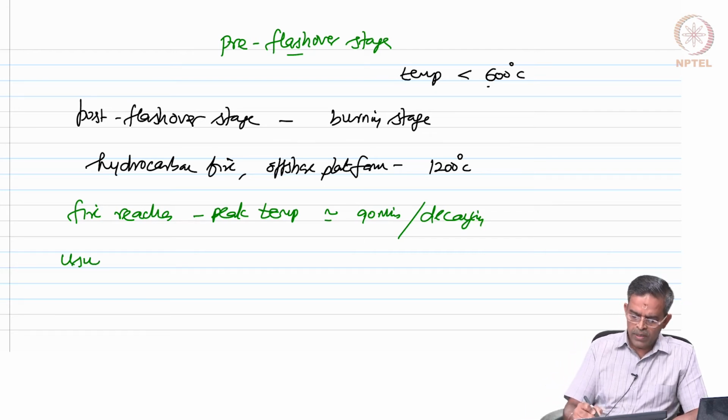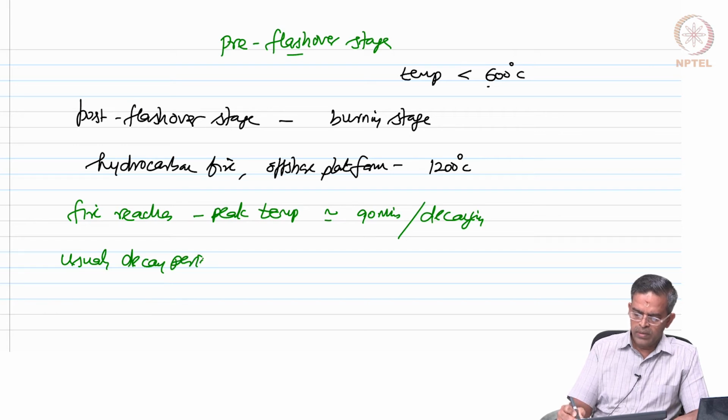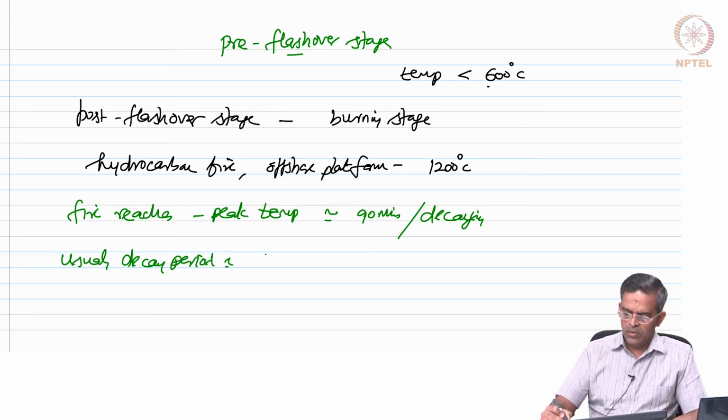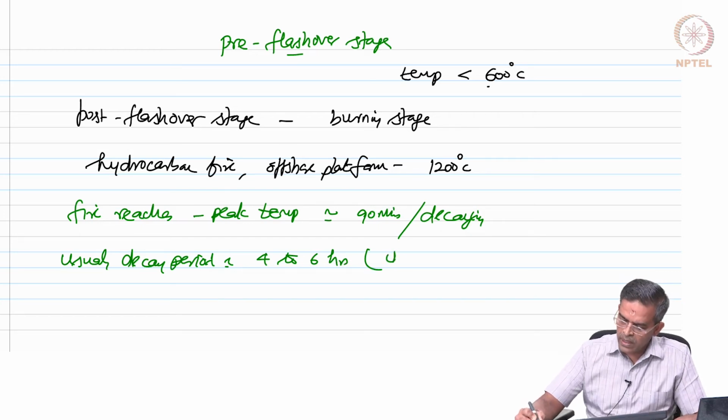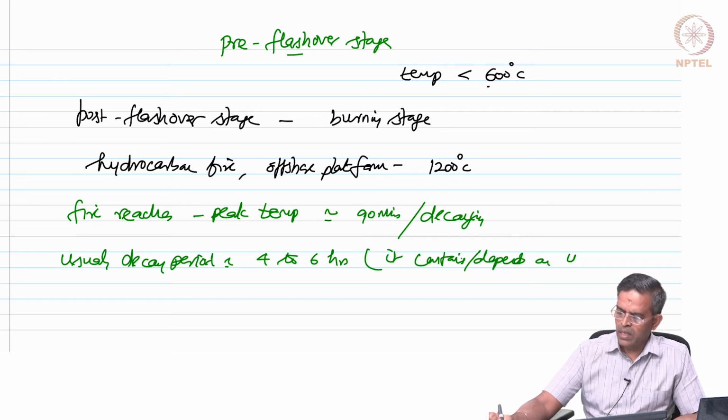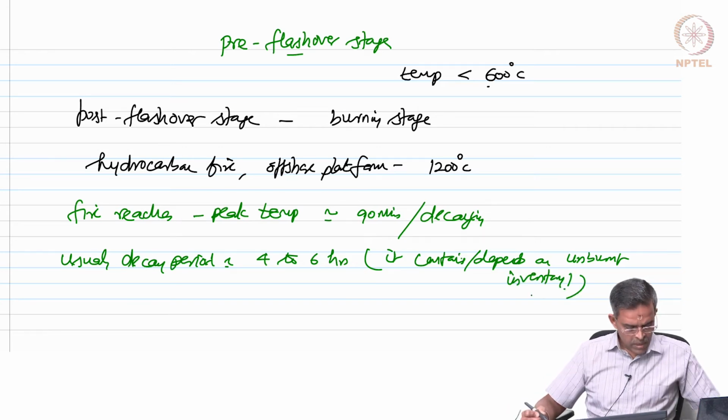Usually the decay period of fire is about 4 to 6 hours. Okay. But it depends on the unburnt inventory.